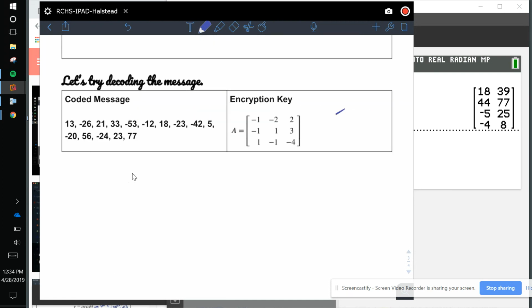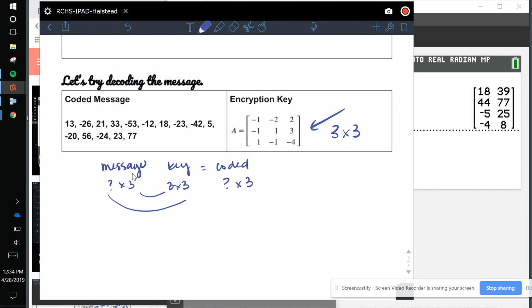It looks like my encryption key is a 3x3. So if I have my message, which is a something by 3, times the key, which is a 3x3, giving me the coded message, which is a something by 3, those have to match.